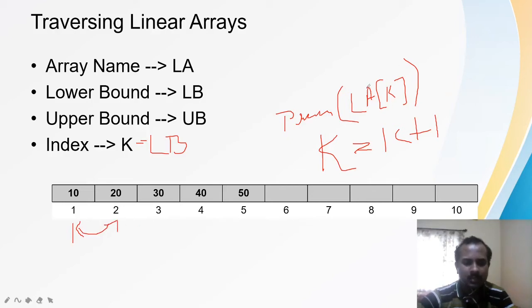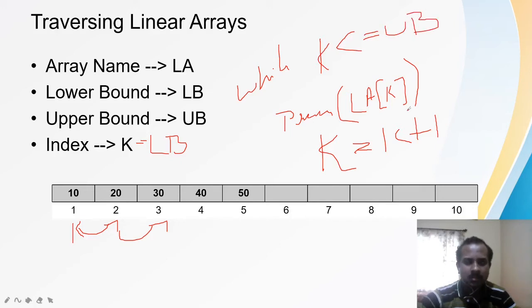After that I process LA of K, that is LA of 2, then I'll increment again. So like that it goes on till it becomes UB. So I'll have the condition: while K is lesser than or equal to UB.